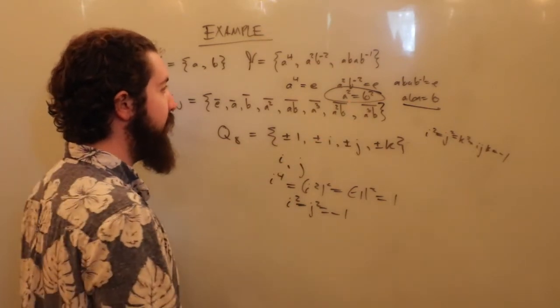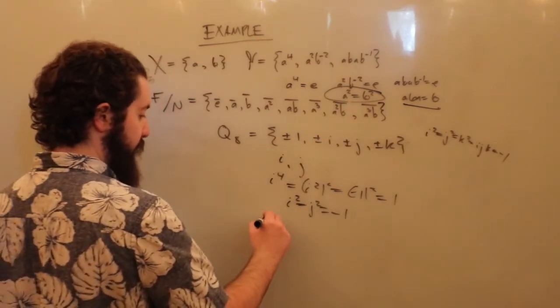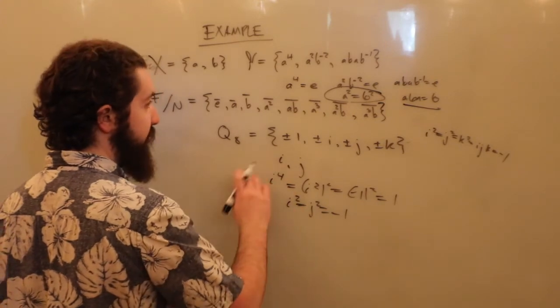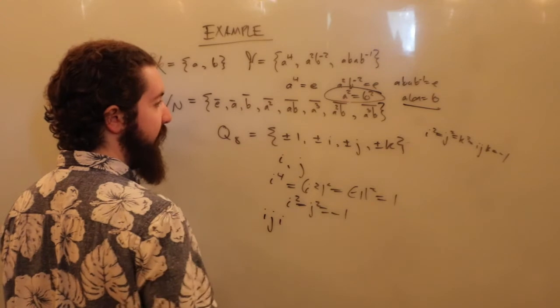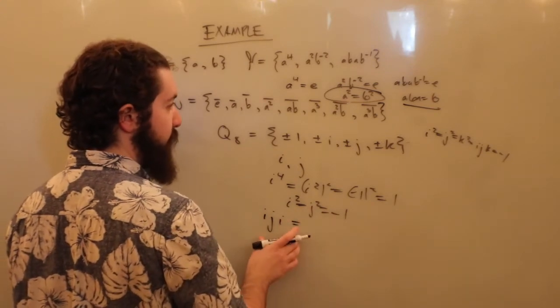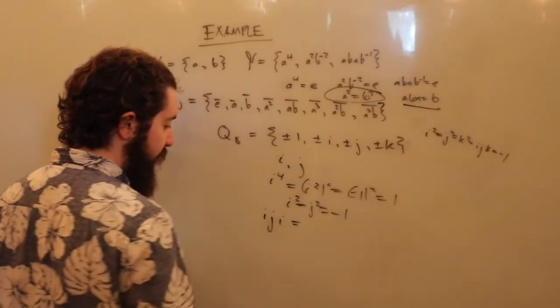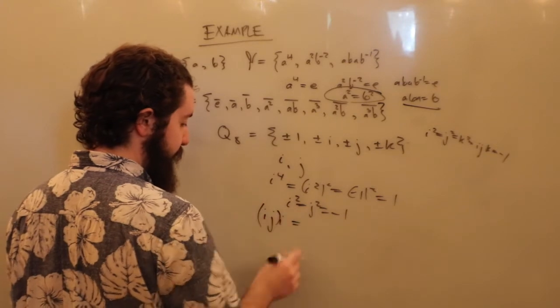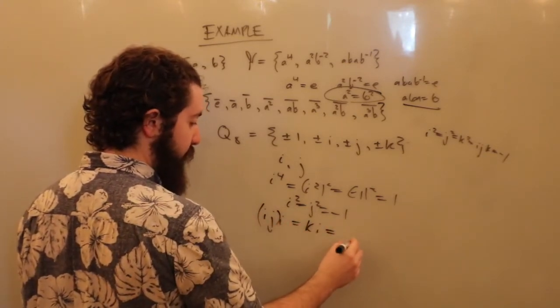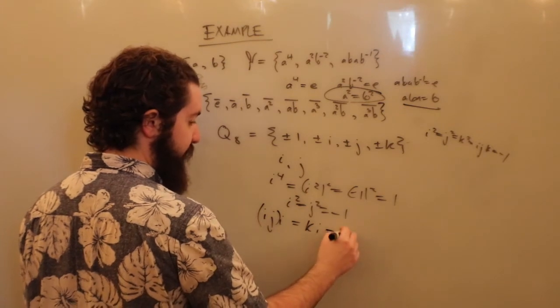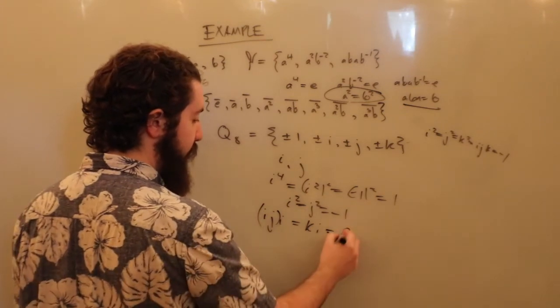Now what about AB inverse? So, or just in this form. I times J times I is equal to, and we're hoping to get J. So I times J is K, and K times I is what? It is J. So this is all good.